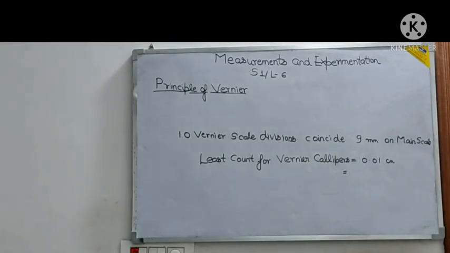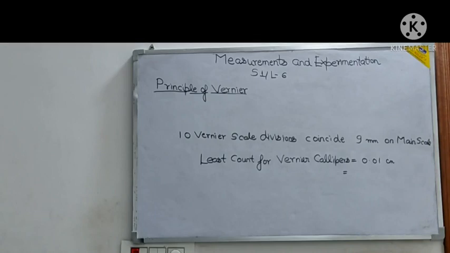That means if we convert this, 0.01 or 0.1 centimeter. Now, if we convert this into, sorry, not meters, so if we convert this into millimeters, what will the value become?